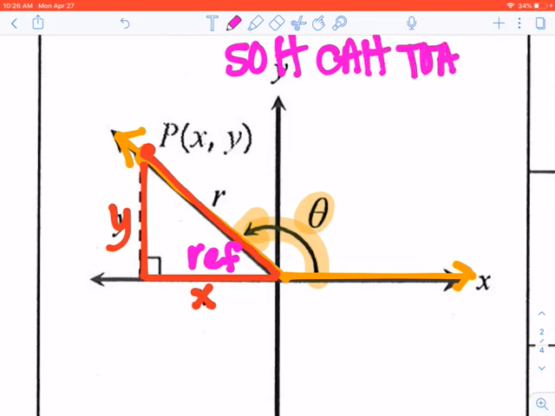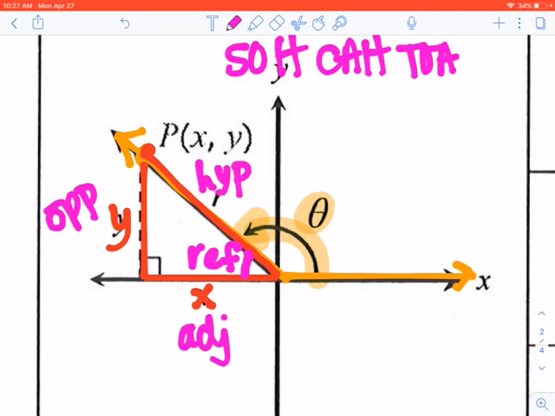So the sine of this reference angle here is going to be the opposite, y. So this will be the opposite from my reference angle. This will be the adjacent, and then r will be the hypotenuse.